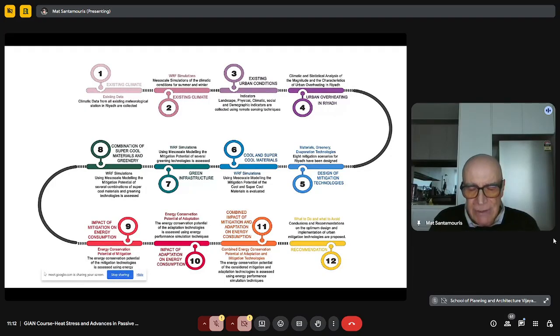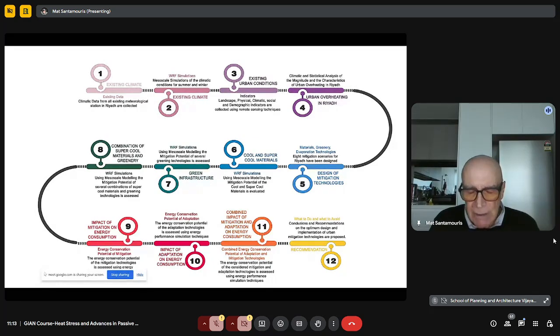I will stress that it is of extreme importance to have a clear roadmap for each mitigation study. First, we have to assess the existing conditions. Second, we have to understand the reasons behind the overheating. Then we have to design mitigation strategies which fit the sources of the overheating.